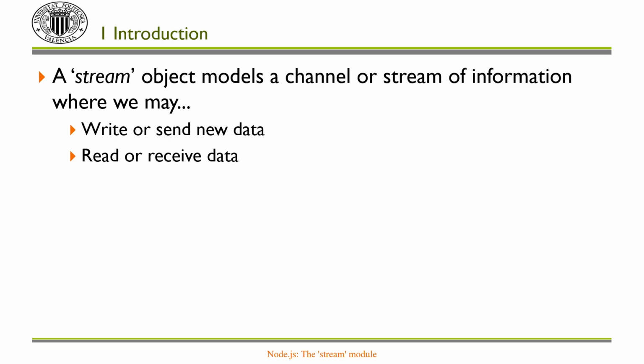In the same way, we may read or receive data, because they are the companion operations from the two that we have previously mentioned. And all these operations are applied in a sequential way. And this explains why these objects are called streams, because the data is processed sequentially.